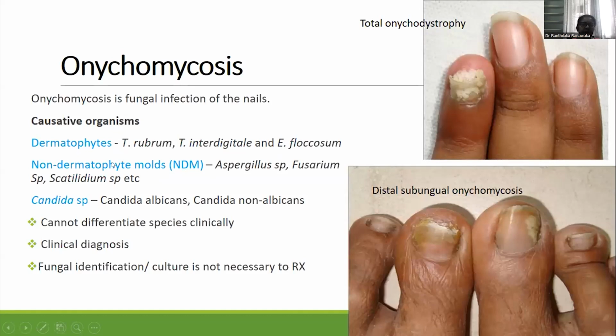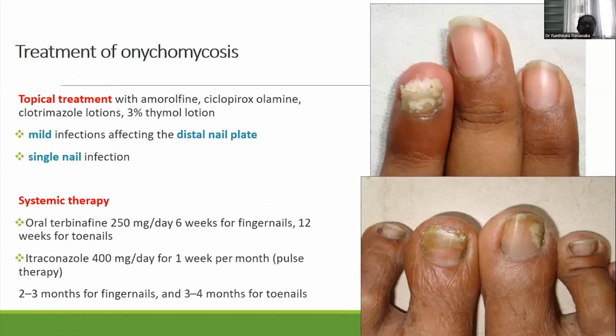What type of infection or organism is there is not important for us. Clinically, we cannot differentiate species. So if you look at this, you can't tell what species it has caused, right? So this is always a clinical diagnosis. No need to do fungal cultures. Fungal identification or culture is not necessary for treatment. So onychomycosis, you just treat, right?